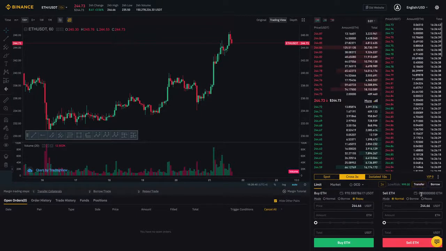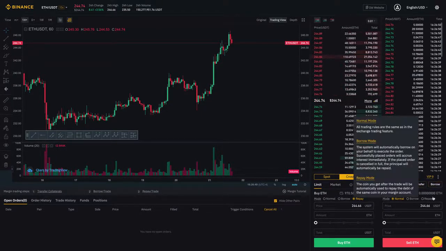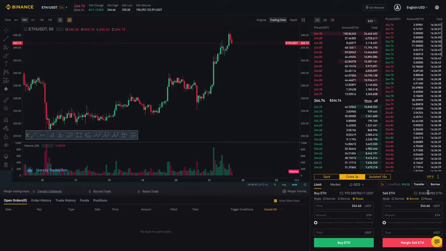So that's what I can do right there. Or I can borrow some Ethereum, right? So if I click on borrow, it'll show me how much Ethereum I can borrow. And this is more so for short selling, if you want to borrow Ethereum. So that's what that is. And then you can also repay it.